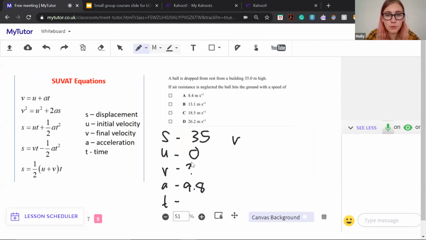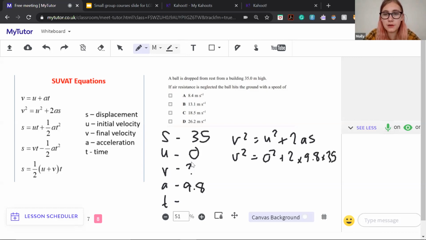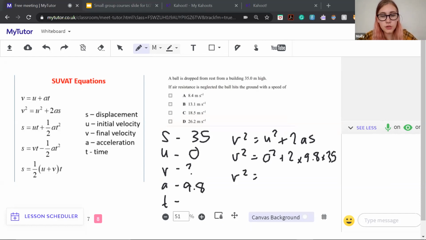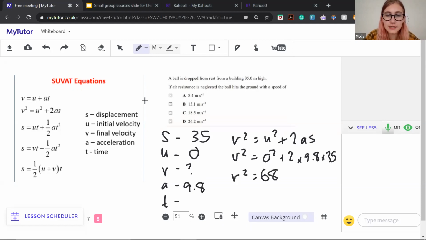So we're going to use the one without T. So V squared equals U squared plus 2AS. So V squared is 0 squared plus 2 times 9.8 times 35. So V squared equals, let's have a look at this, 2 times 9.8 times 35. V squared is 686.